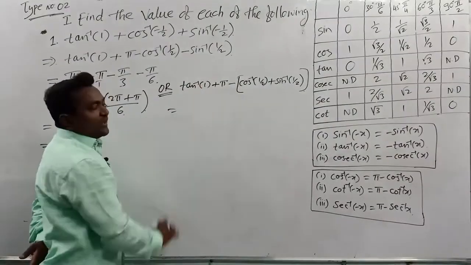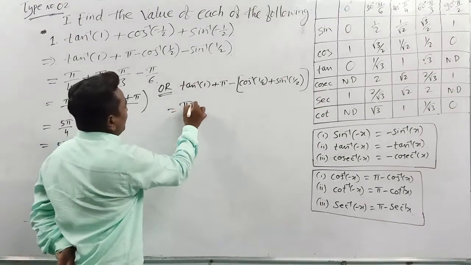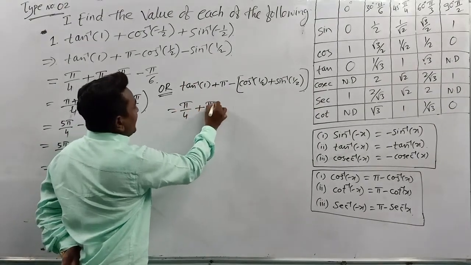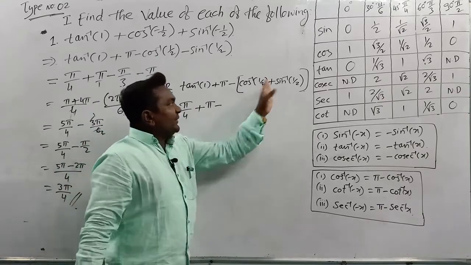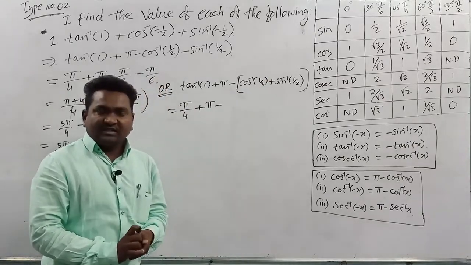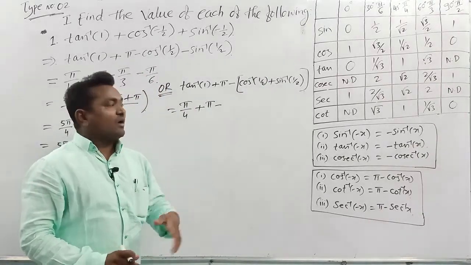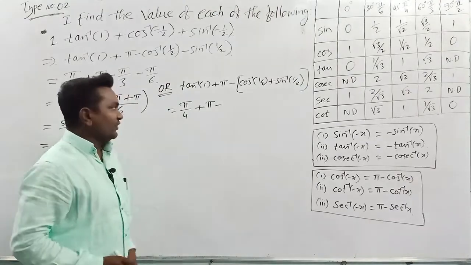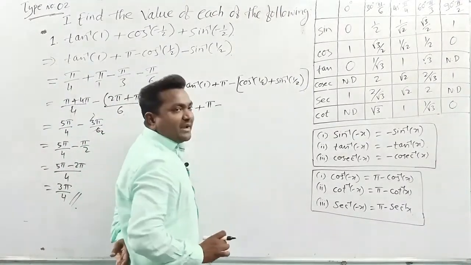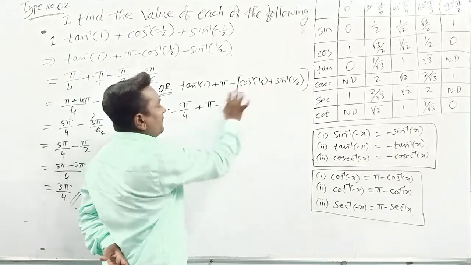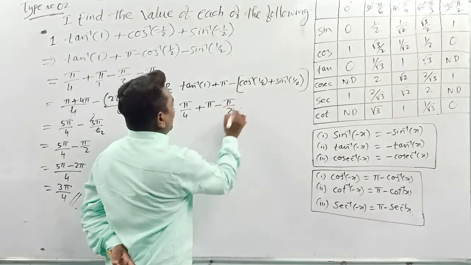So tan inverse 1 value is pi by 4, plus pi keep as it is. We already know sin inverse x plus cos inverse x is equal to what? Pi by 2, which we derived in the first video. So its value is pi by 2, directly by using the property.